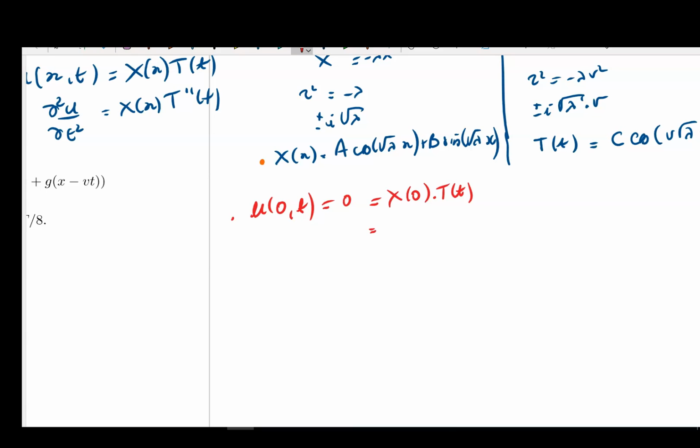That means X of 0 is equal to a, because cosine of 0 is 1 and sine of 0 is 0, times T of t. And T of t has, well, either it's 0 always and then your function is always 0 and it won't be able to coincide with the initial condition. Or T of t is different from 0 and then it implies that a has to be equal to 0. Okay, so we got rid of that part.